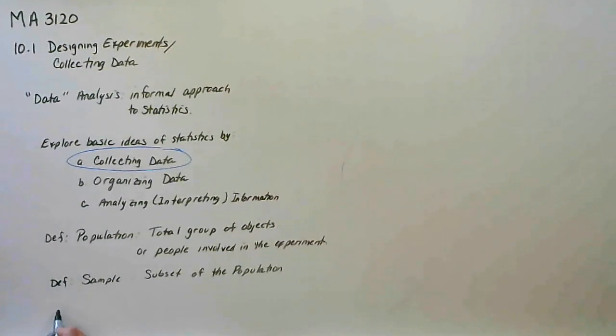Then we have what's called a simple random sample. It's a sample in which all the subsets are the same size.